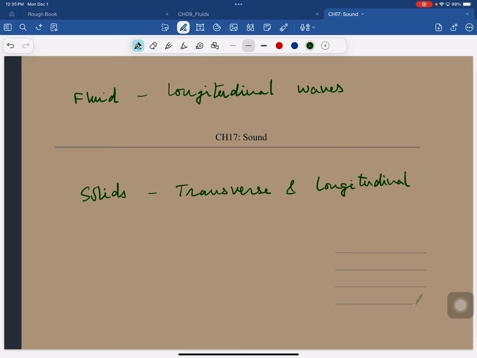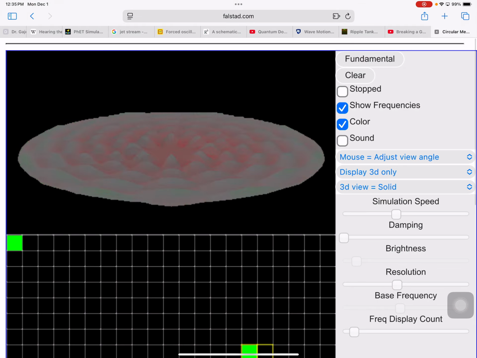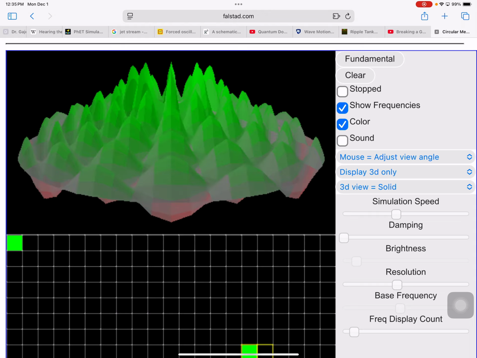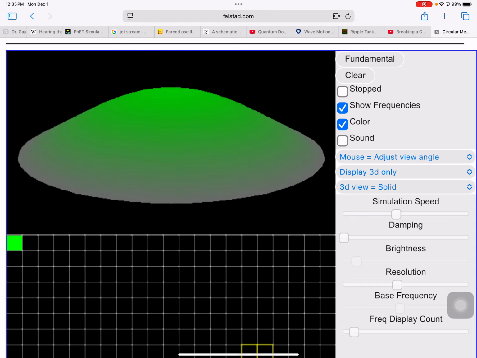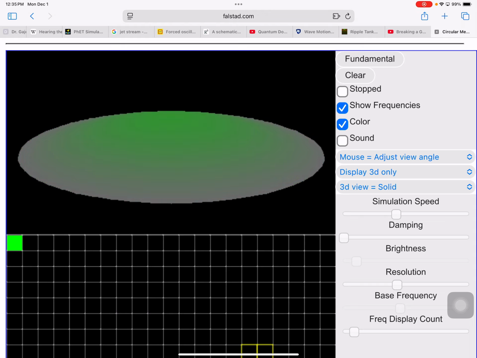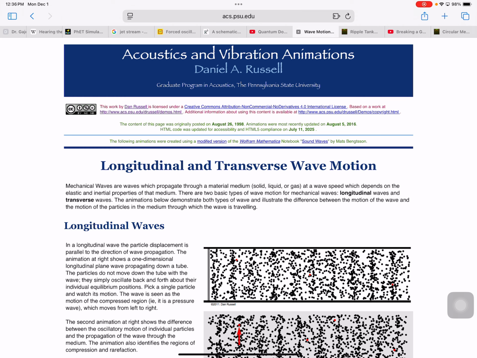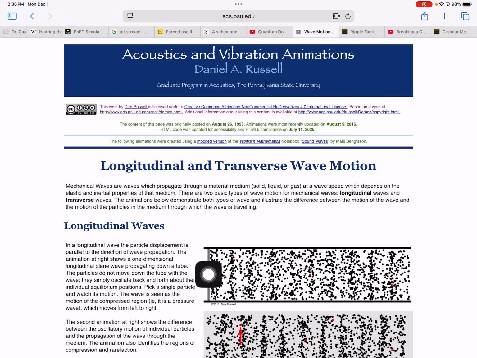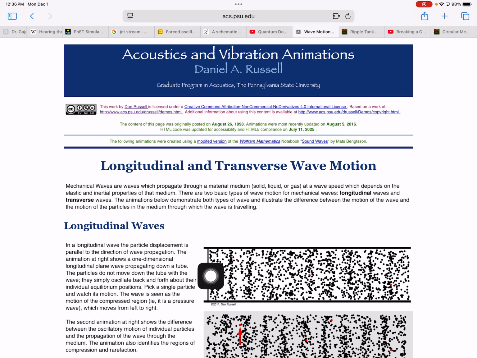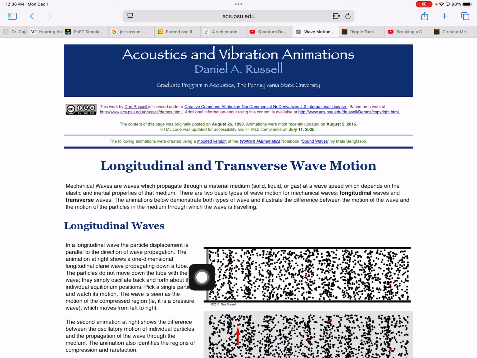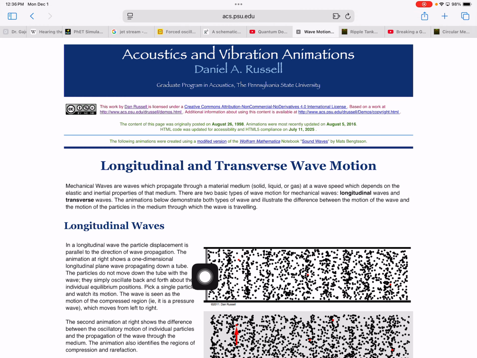All right, so let me start off by showing you an example. So what you can do is you can take any object, it can be a physics book or whatever, and wave it back and forth.